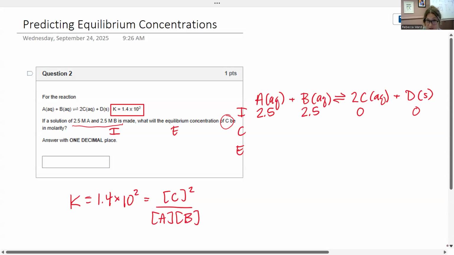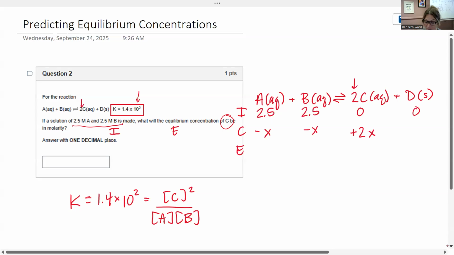So there's going to be some change, right? I see that K is a large number, so I'm going to favor C and D at the end of the day, but I'm starting with only A and B. So I've got to make some. So I need to be losing some B and A, and I'm going to be making 2C every time I do that because of this coefficient here, right?